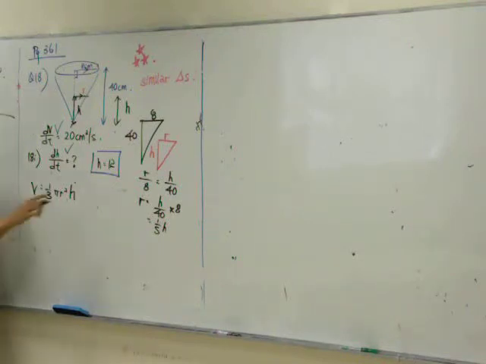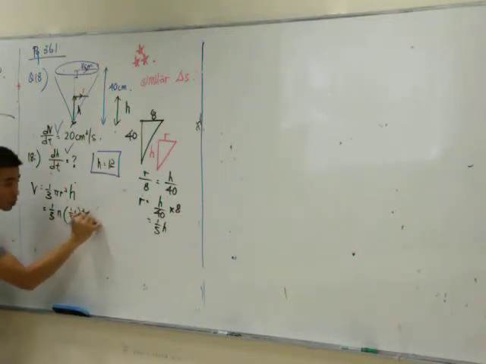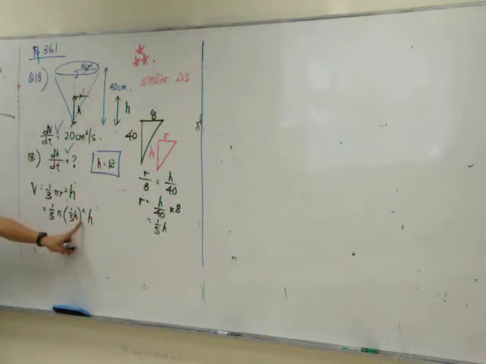Take the pass. After that, substitute inside. Okay, this one we have to be a little bit more cautious. The square, is it applicable to the 1/5 or the H? Both, both.